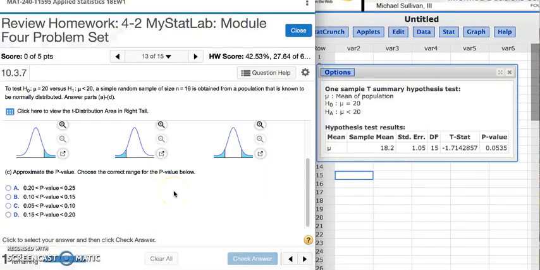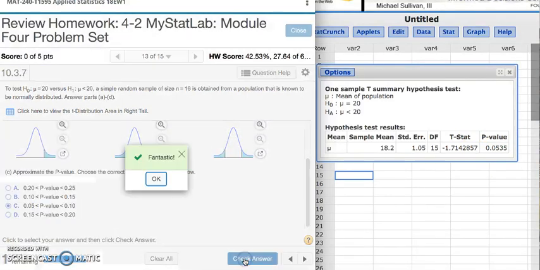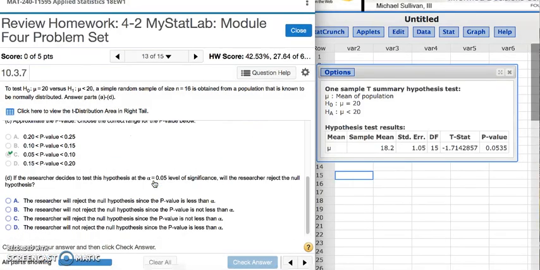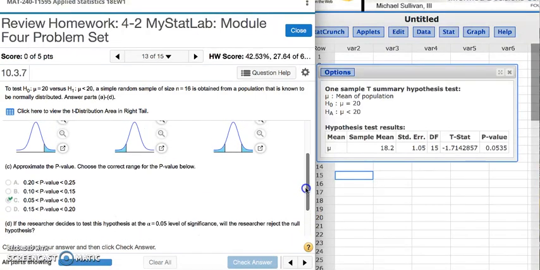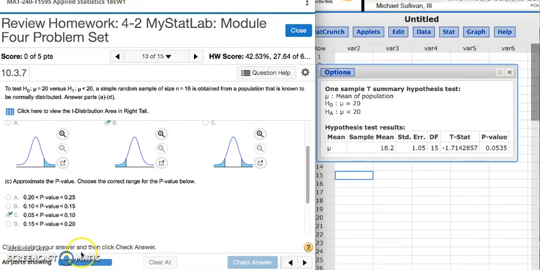Part C, approximate the p-value. Choose the correct range for the p-value below. Now, just to show you, we already calculated it over here. It's 0.053. So let's see if we can find that. That would put us in this range. Now, just to kind of go back, if you were to approximate that without finding it in StatCrunch, what's one of the ways that we could have figured that out?